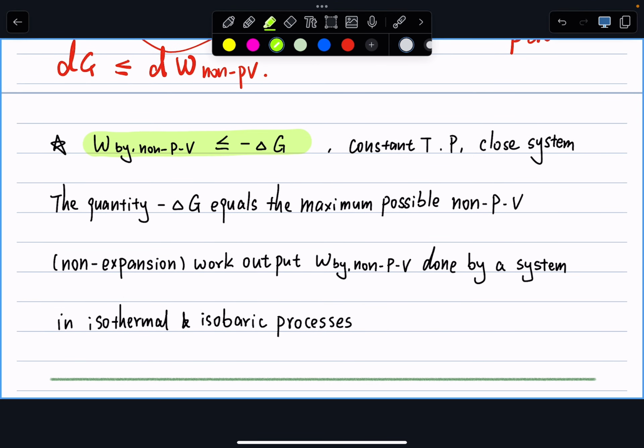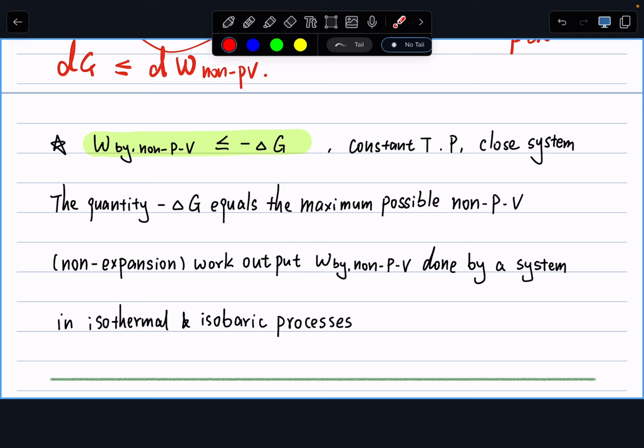So the total non-PV work by your system is bounded by the delta G number. The other way to put it, the quantity of negative delta G equals the maximum amount of non-PV work output done by the system in this isothermal isobaric process.